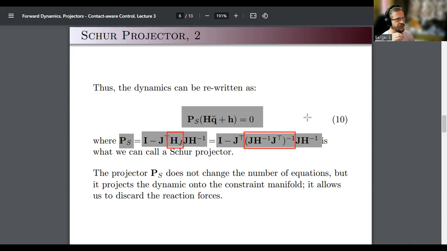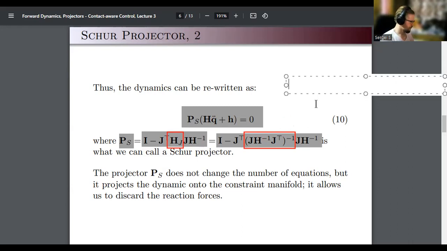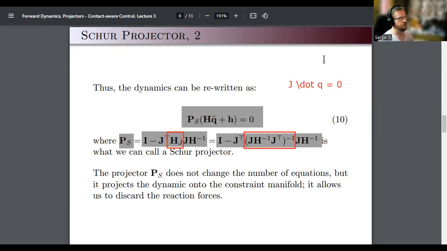Generalized velocities in any particular instant live on a certain tangent space to this guy, right? And this tangent space is described as J q dot equal to 0. So it is in the null space of the generalized constraints Jacobian that generalized velocities live.